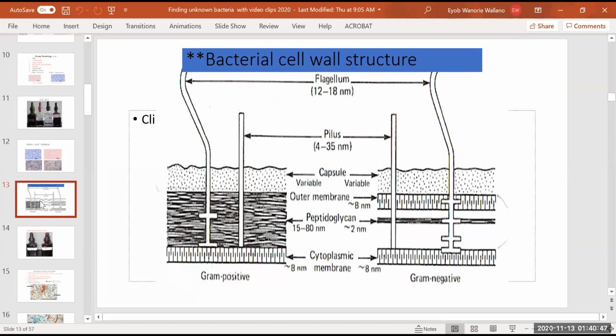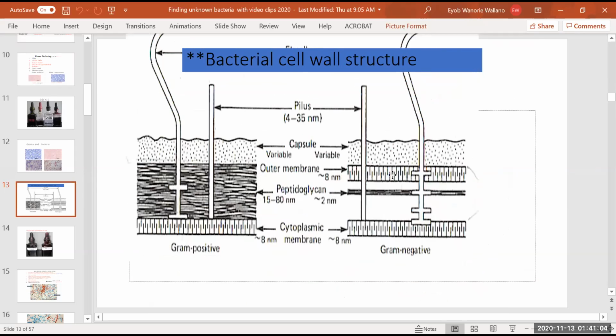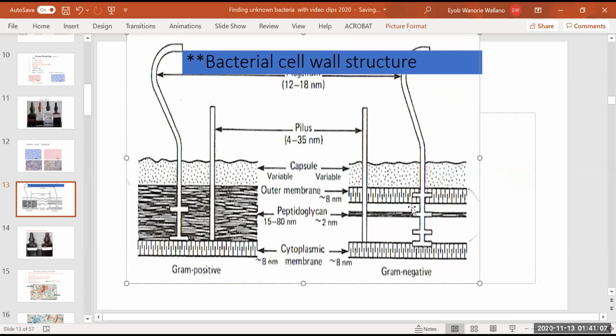Gram-positive bacteria and acid-fast bacteria have the same high concentration of peptidoglycan in the cell wall. Acid-fast and gram-positive, that is one. Secondly, gram-negative bacteria have a smaller peptidoglycan. In gram-negative bacteria, there are other things we need to know, three things generally.